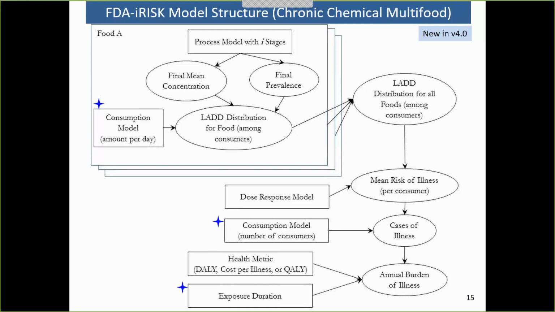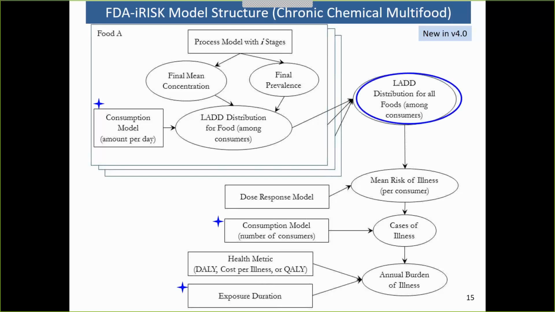A new feature in FDA-iRISK version 4 is the ability to evaluate chronic exposure to a chemical hazard from multiple foods, as Jane mentioned, such as in the example for arsenic in juice and rice. In a multi-food model, the intake of the chemical is summed over multiple foods over a lifetime, and the intake is combined in a probabilistic fashion.